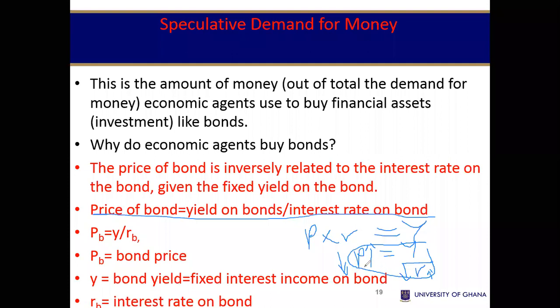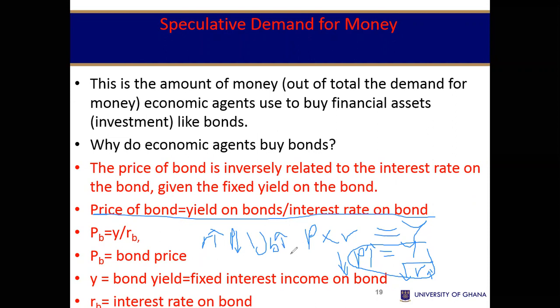Okay, so when the prices of bonds are falling, we buy more. Buying more means that we are reducing the amount of money that we are holding. So we buy less, we hold less money. But what we started from: interest rate going up, then the price of bonds reduces. Then the demand for bonds will go up.